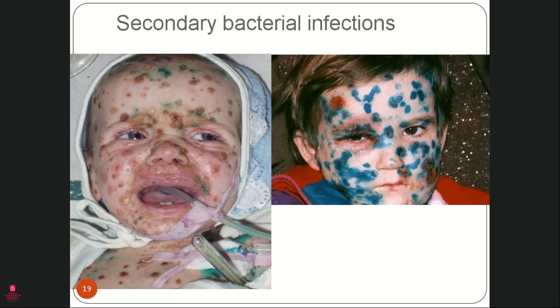Varicella places the patient at high risk for acquiring invasive group A streptococcal disease, such as bacteremia, osteomyelitis, gangrene, arthritis, and meningitis.